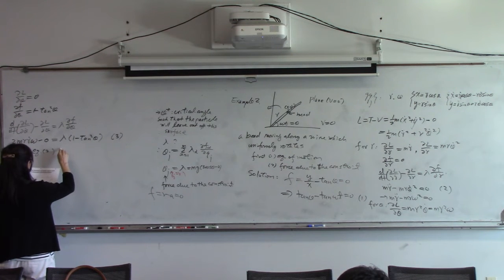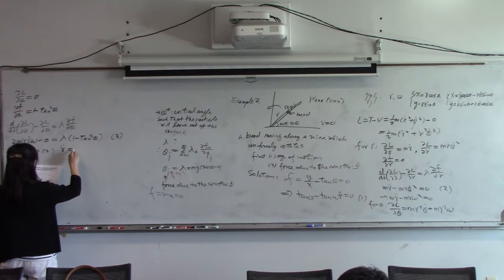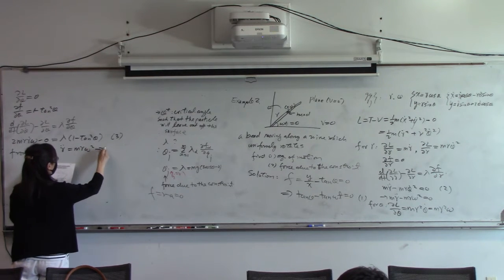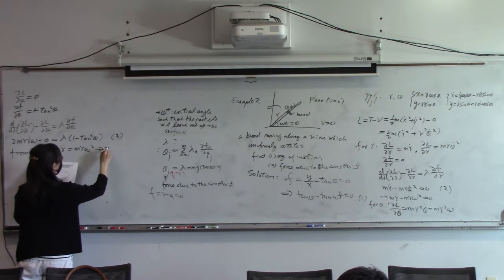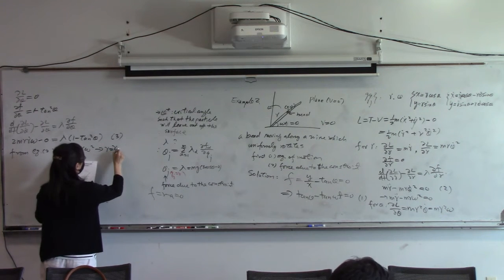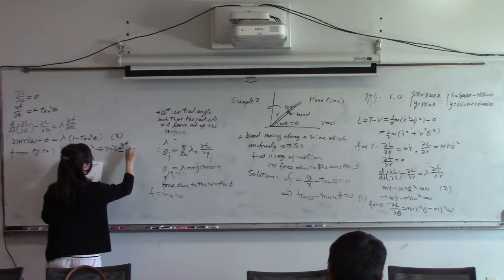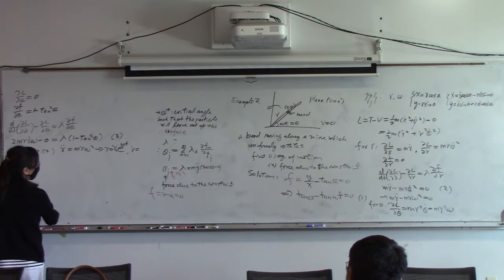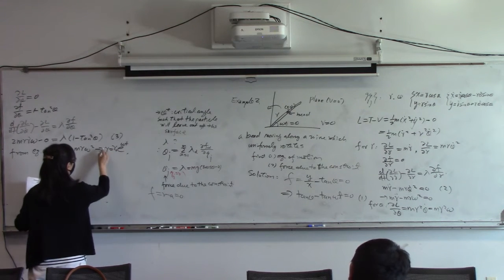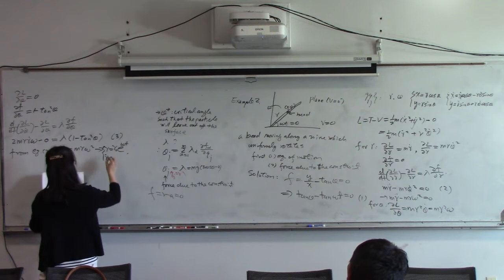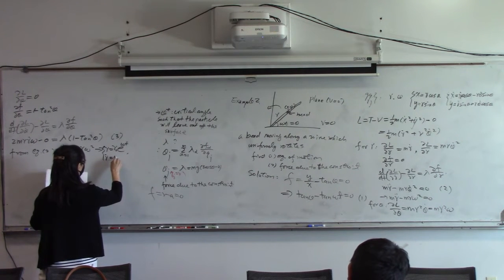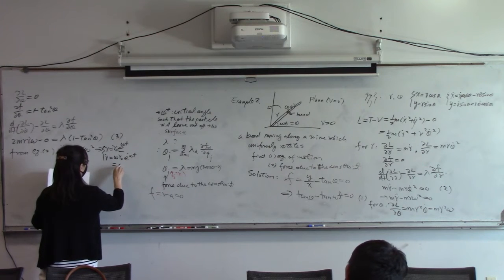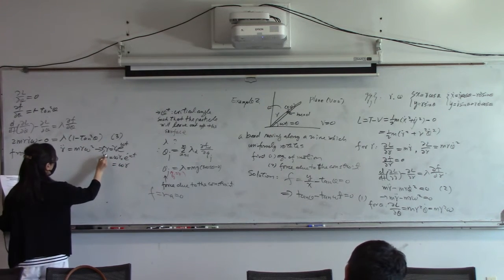So we have r double dot equals m r omega square, and that gives us r. r is r naught exponential term, if you remember, and r dot is omega r naught exponential of omega t, or equal to omega r. Okay, that is the equation of motion.